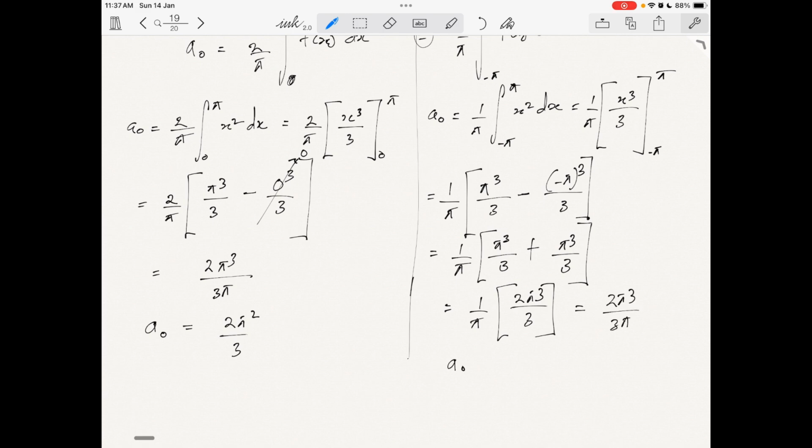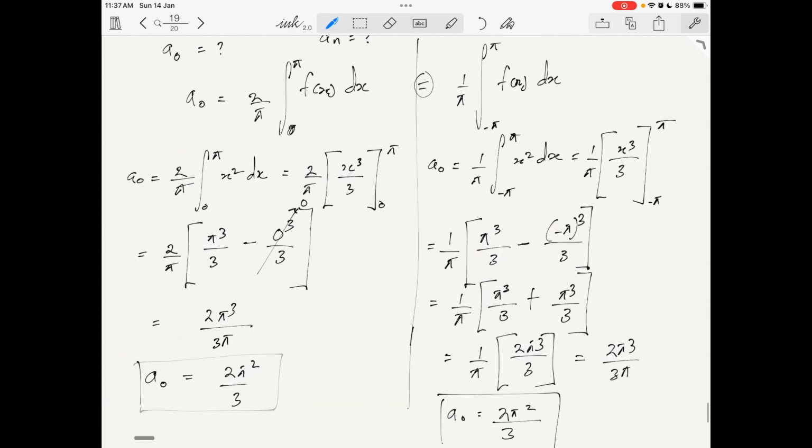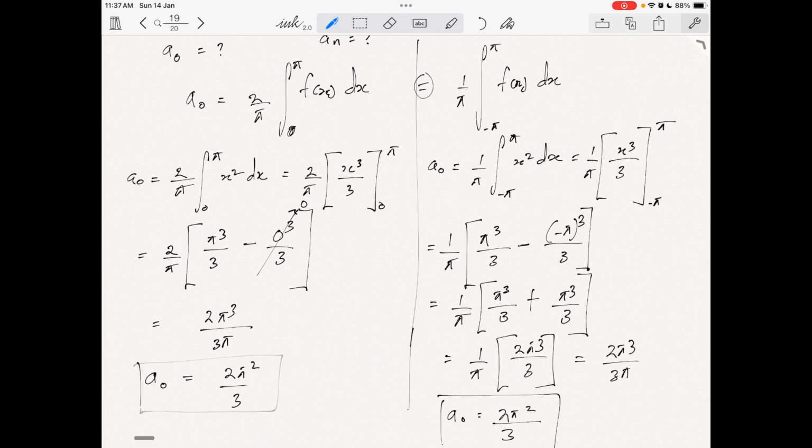So a naught is equal to 2 pi squared over 3. We have evaluated a naught using both formulas, and they are the same.